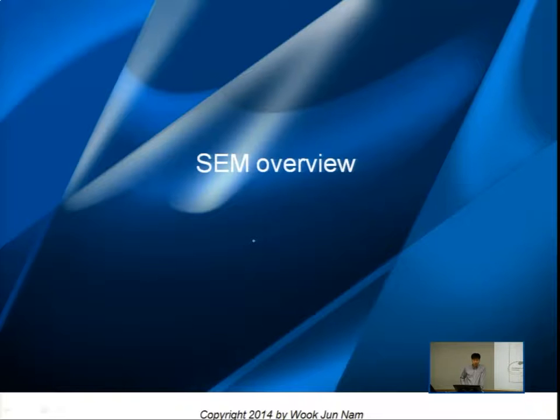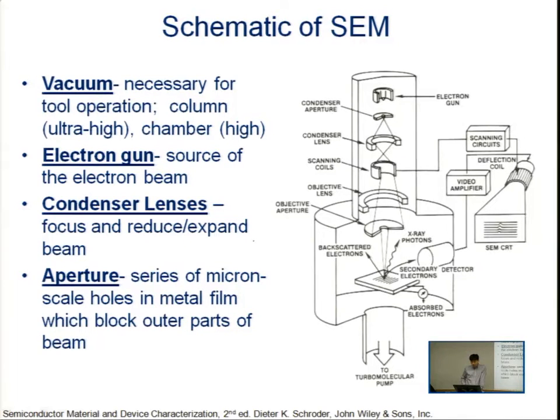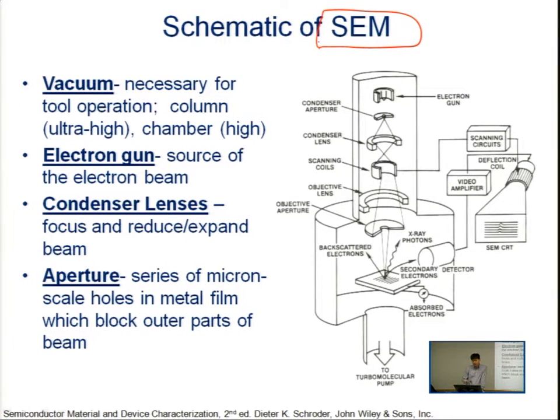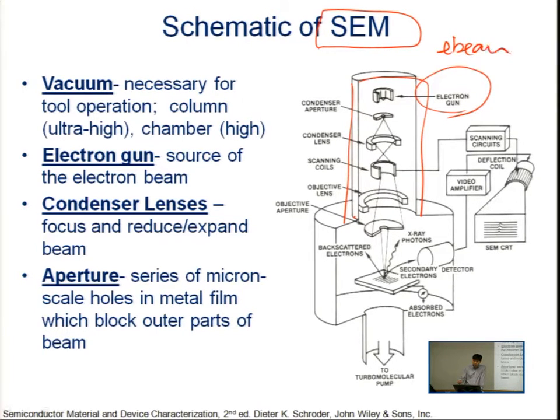So we talked about all the signals we can get out of a material based on the primary electron application. So let's talk about the scanning electron microscope. We talked about the electron source when we talked about electron beam lithography. Basically the column for E-beam lithography and this scanning electron microscope are configured the same.